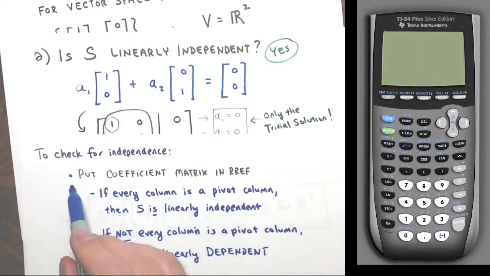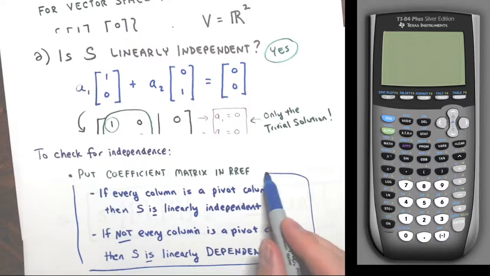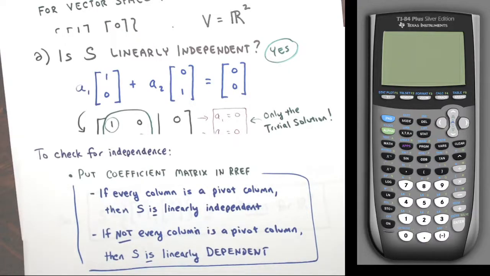All right. So I just gave you the two little shortcuts here, especially when we're working in Euclidean space, R2, R3, R4, etc. You're just going to make a matrix with the vectors from S as columns. That would be the coefficient matrix for a system of equations you'd be setting up to check for spanning and check for independence.